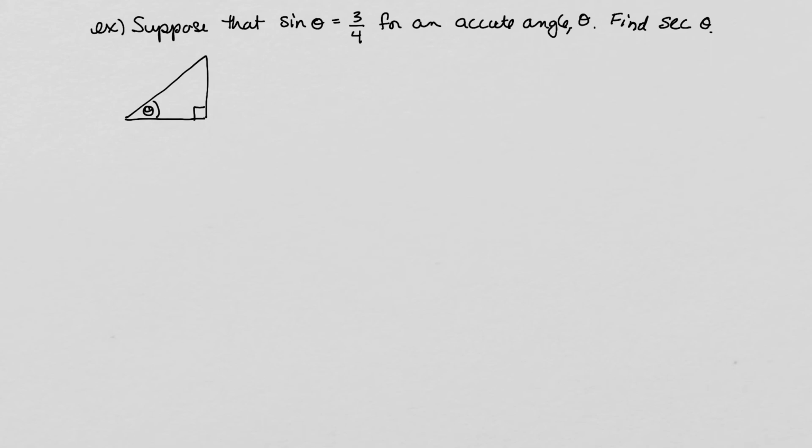Remember, we've been saying the sine is the opposite over the hypotenuse. So I happen to know what two sides of this triangle are, right? The opposite side is going to be 3, and the hypotenuse is 4. So questions so far on how I came up with my triangle?